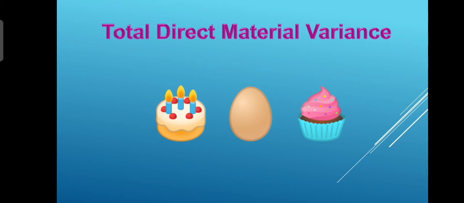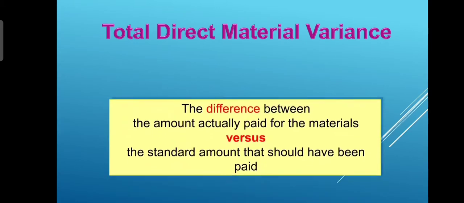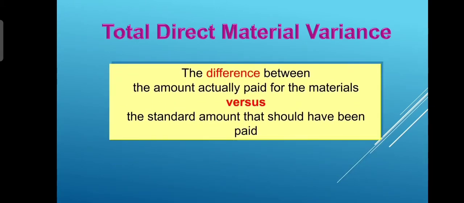What is direct materials variance? It is the difference between the amount actually paid for the materials and the standard amount that should have been paid.